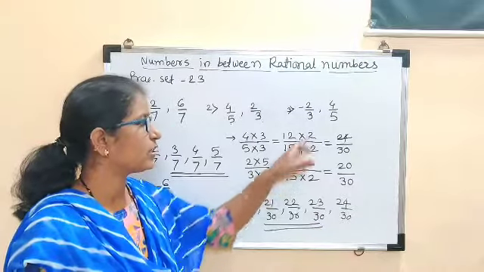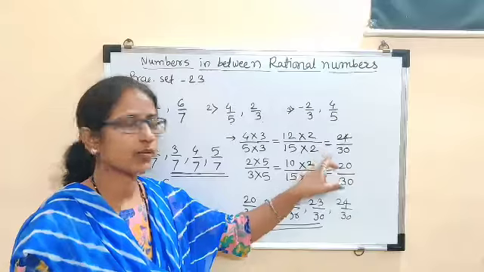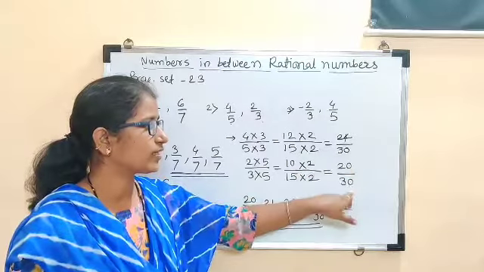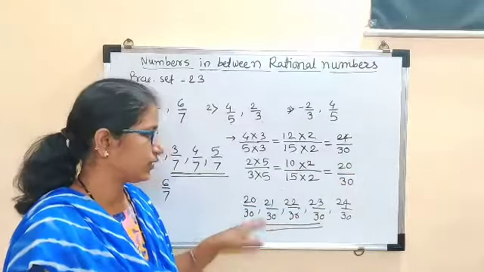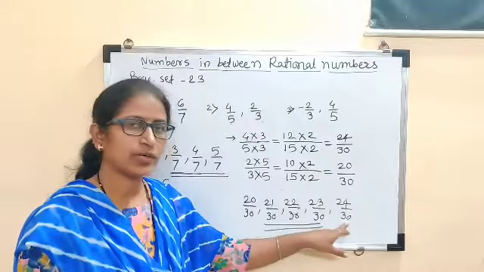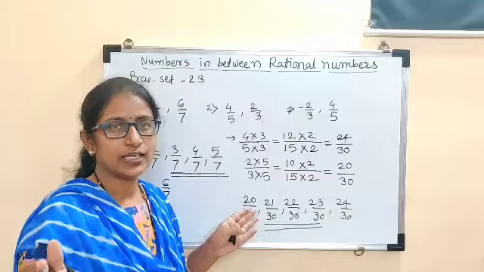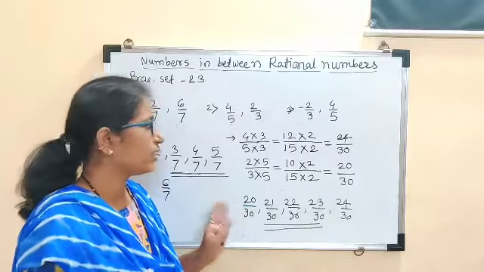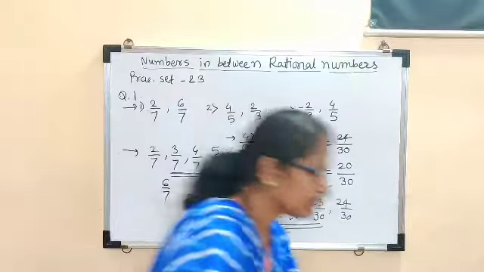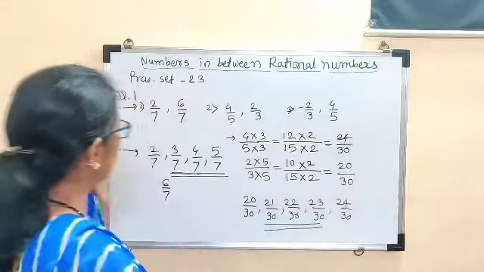If it is not working, again multiply by another same number and you will get other rational numbers in between. In this way, if you multiply by 2 again, 60 comes as the denominator, and again there are many rational numbers between these two. So there are infinite rational numbers between two rational numbers.